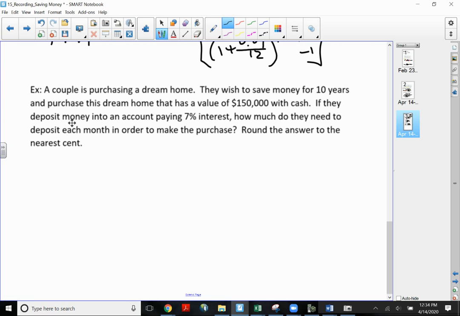If they deposit money into an account paying 7% interest, how much do they need to deposit each month in order to make the purchase? So remember, once we find this answer, the cash, the money is ours. How much do they need to deposit every month?